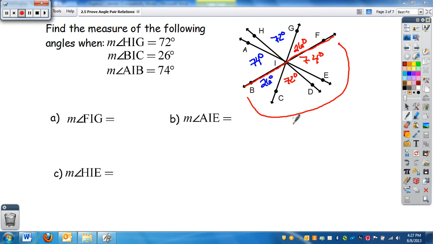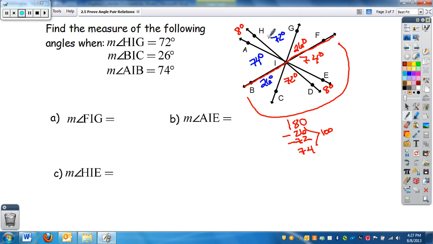So I can go 180 minus all these angle measurements. And really quickly, 80, so those two are 100, 172, so this is only a measly 8 degrees, which I can bounce over to the other side and make this 8 degrees.